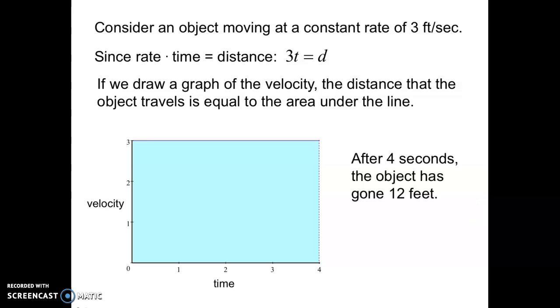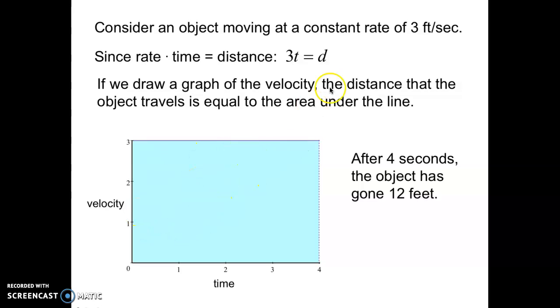So if we have a rate of change graph, so we're looking at a derivative graph, we know the derivative is a constant. It is 3 feet per second. That means if I drew this graph, if I had velocity in my output and time in my input in seconds, then 3 feet per second would be a constant function, or a straight horizontal line.